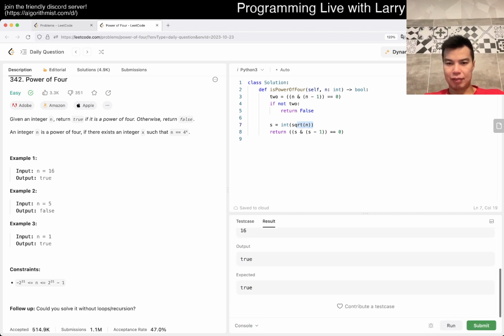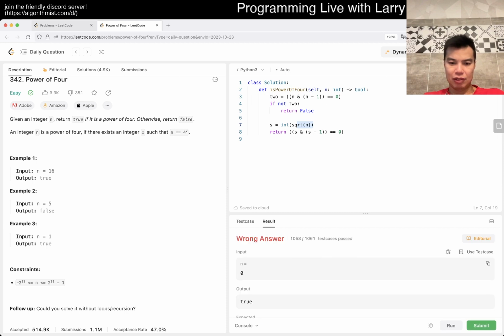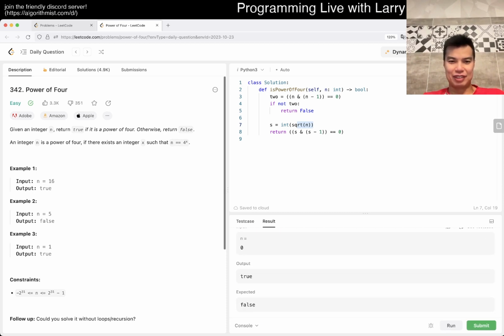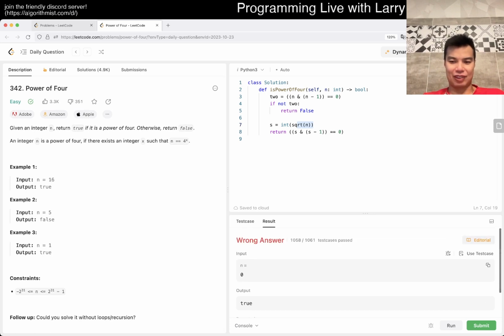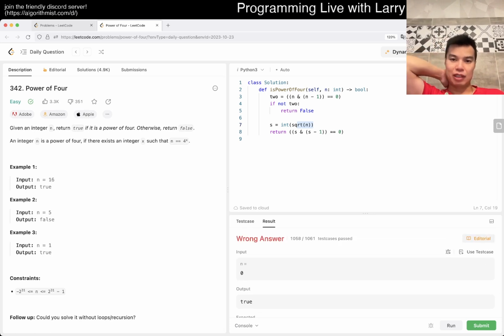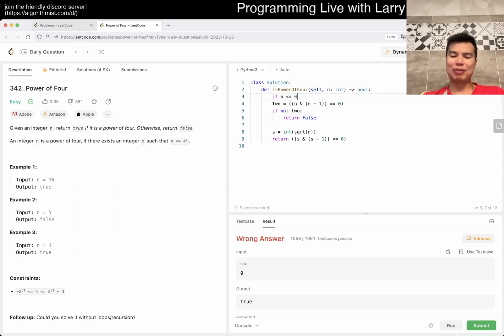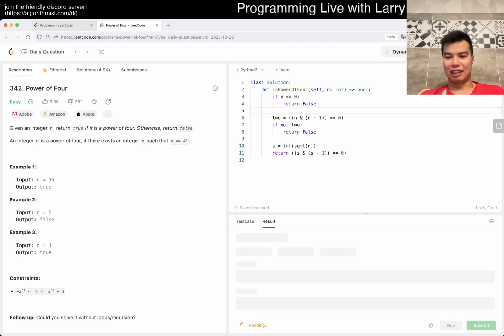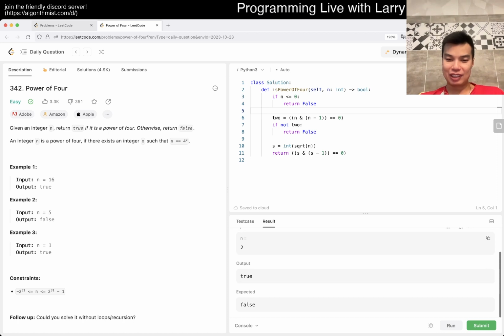Okay, so let's give it a submit. Oh no, I forgot 0. That's annoying. With these bitwise functions, I was just focused on positive numbers, but the bitwise functions are always a little bit weird.